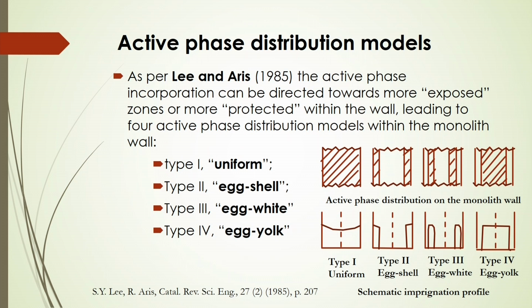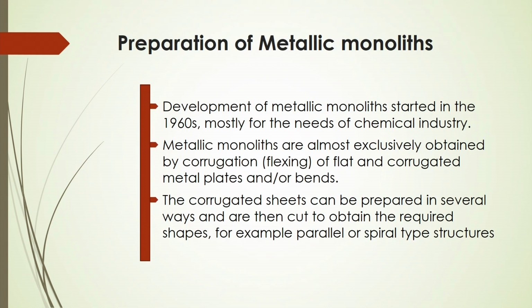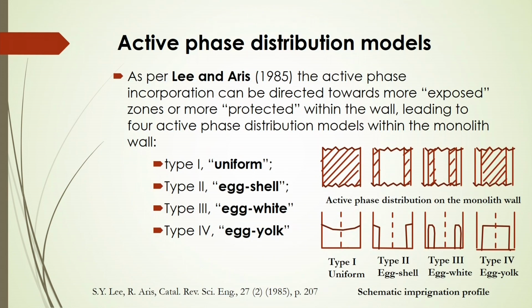Type 1 is the uniform distribution model, type 2 is the egg shell distribution model, type 3 is the egg white distribution model, and type 4 is the egg yolk distribution model. Based on these models, they assessed how we can activate the surface of the monolithic surface.